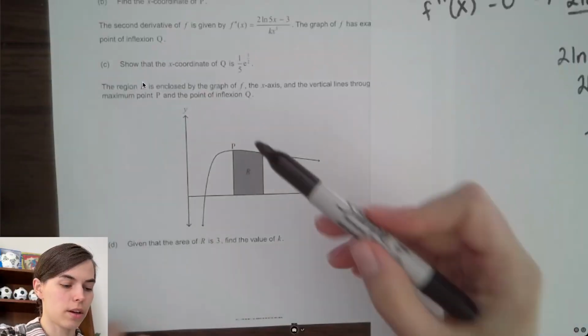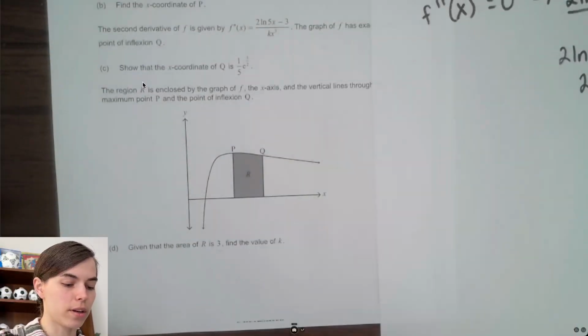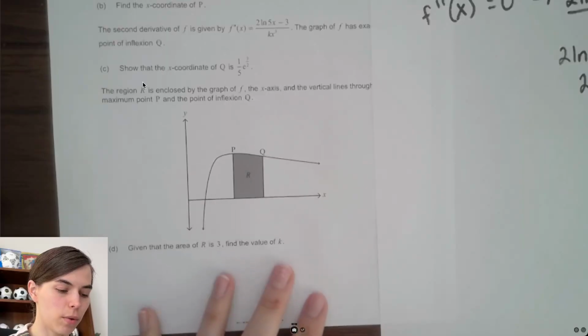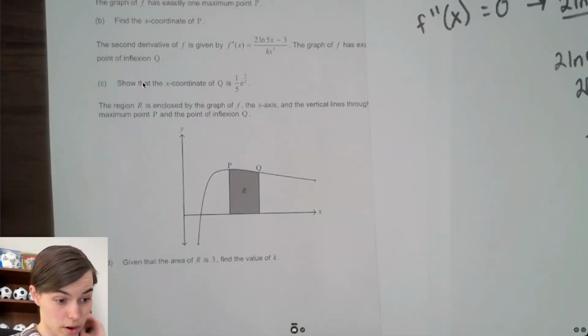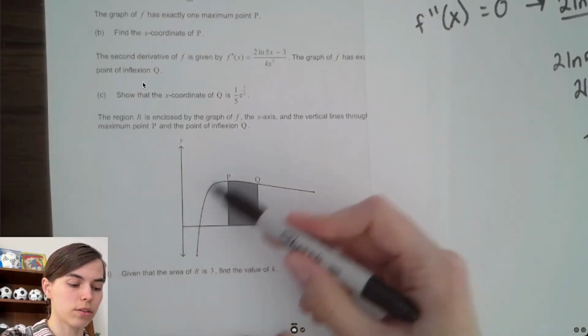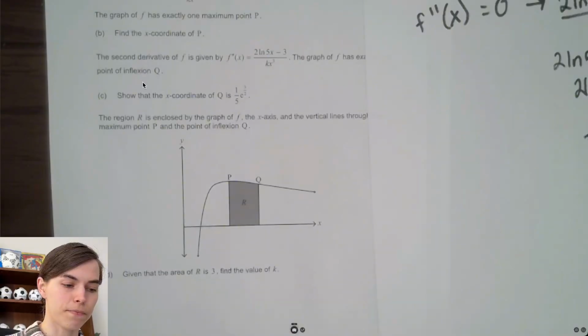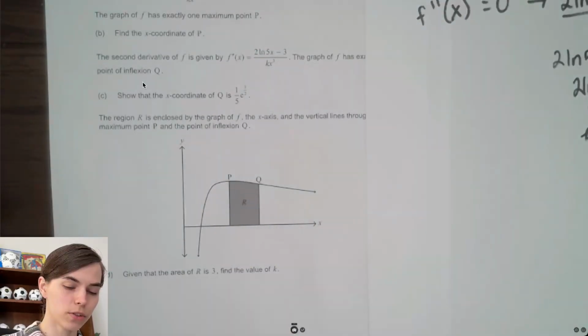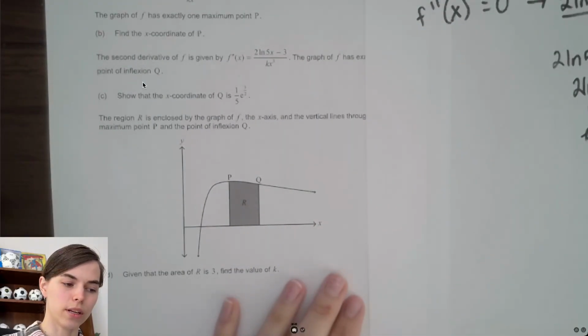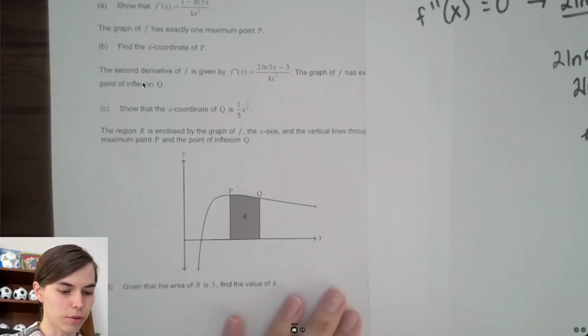Part D says, given the area of R is 3, find the value of k. Well, the way we find that area R is we know this curve is f. It's bounded by p and q. So we just use p and q, the x values of p and q, as our bounds for the integral.